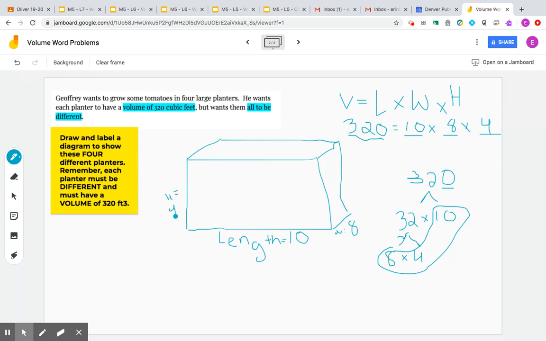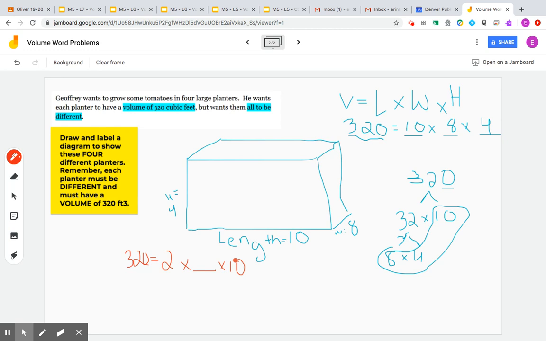However, I could do this in so many different ways, because I can also figure out 32 could also be made by multiplying 2 times what? And then if I multiply that by 10, I'm going to get 320.